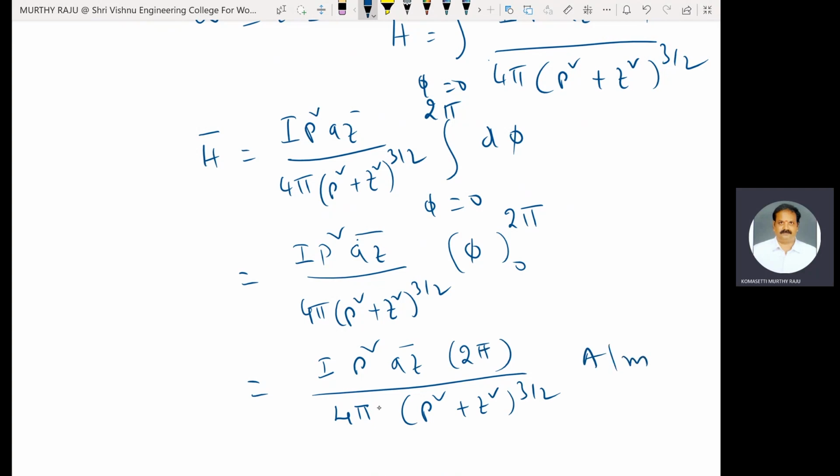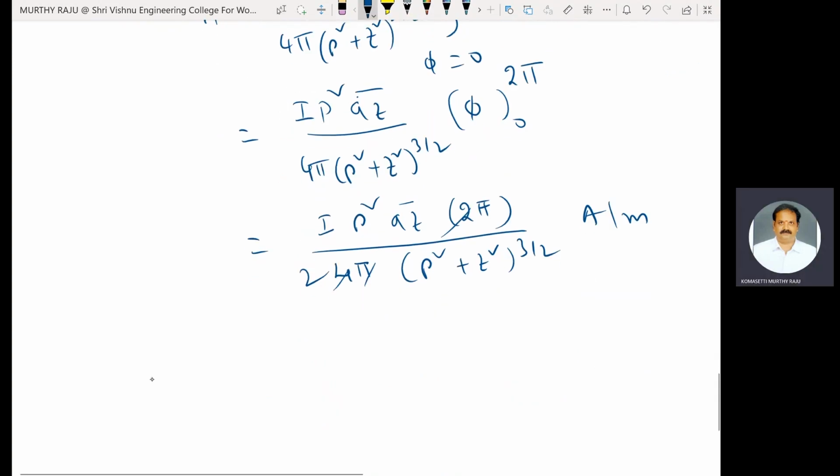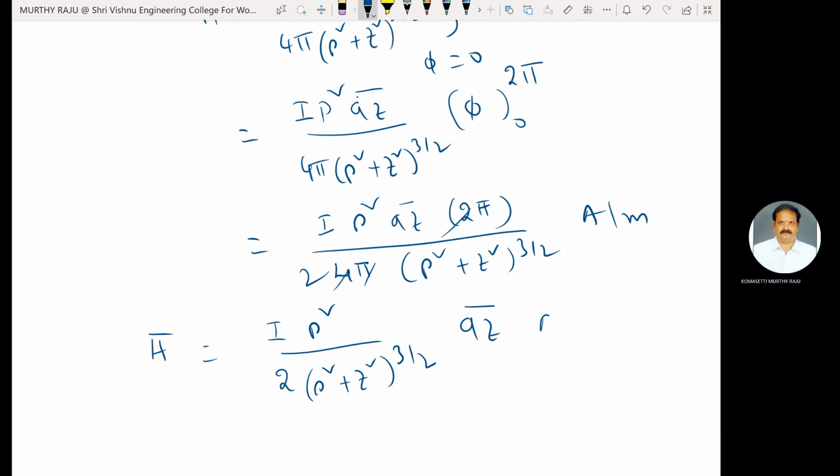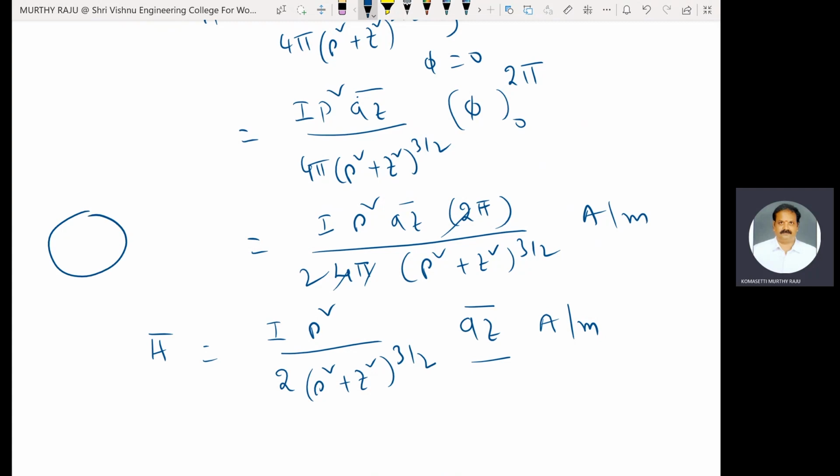Here pi is cancelled, and 2 times. Therefore, H bar is equal to I rho square by 2 into rho square plus z square to the power 3 by 2, a z bar amperes per meter, along the a z direction only. Suppose the point is shifted to the center of the circular loop, that is z is equal to 0. Here this is the circle.